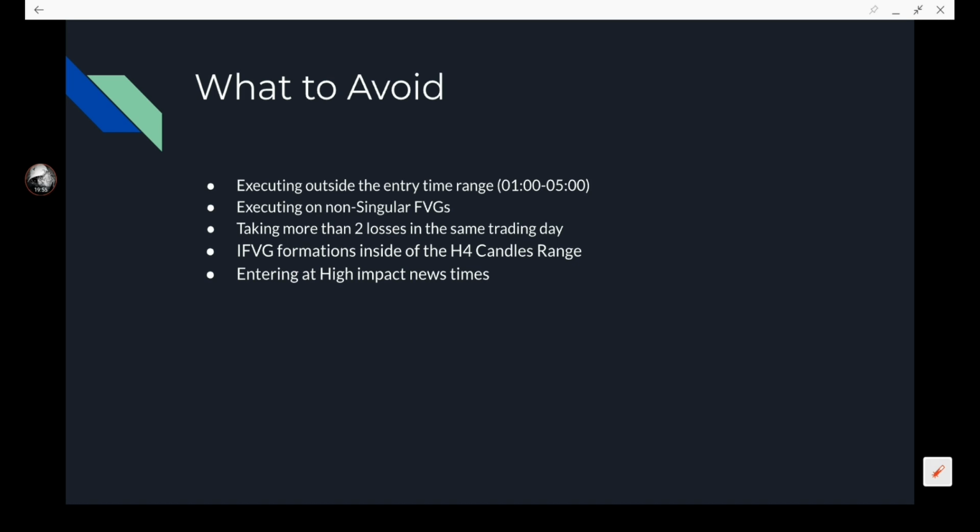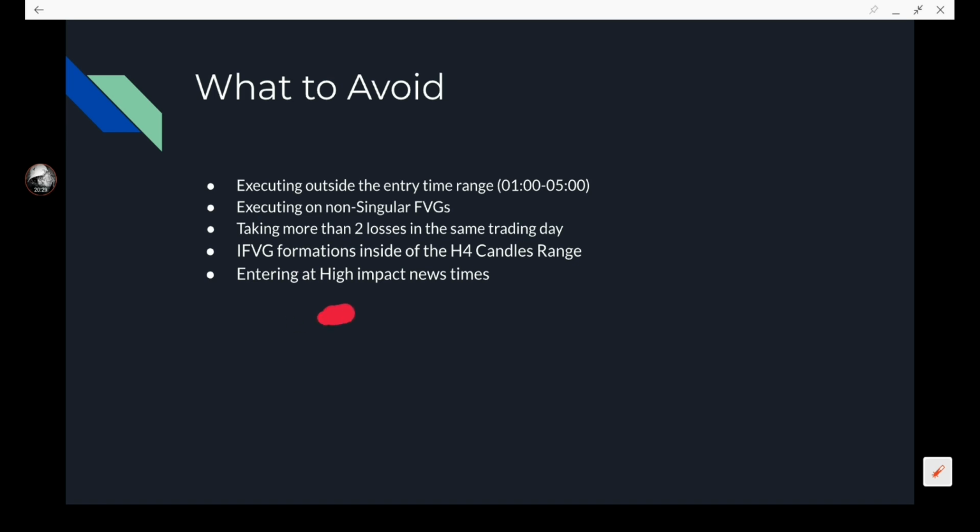If we form an IFVG before clearing the H4 candle's high, or clearing the H4 candle's low, it will not be valid. We'll have to wait for price to clear either the high or the low for us to look for inversion fair value gaps. So a simple way to do this is by setting alerts at the high and low, and then you just work with that.